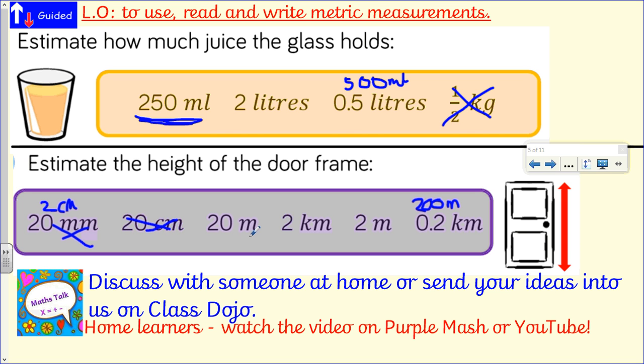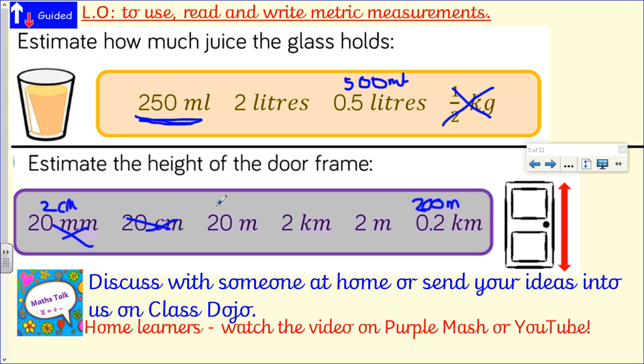Now, 20 meters would be 20 meter sticks. I just know. And no door is that big. I don't even know if my house is that tall, and I've got a 3-story townhouse going on here. I'm pretty sure last year we measured the length of our classroom, and it was 7 meters. And you know how big my classroom is.